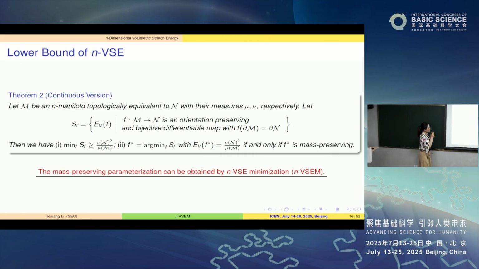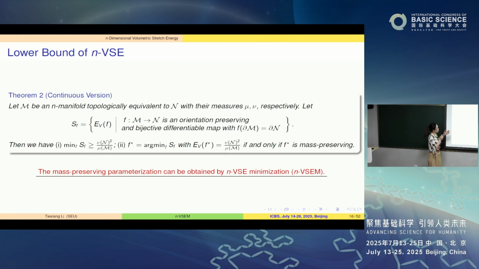Based on this result, we can find that the mass preserving parameterization can be obtained by the NSE minimization. So how do we find the mass preserving map?